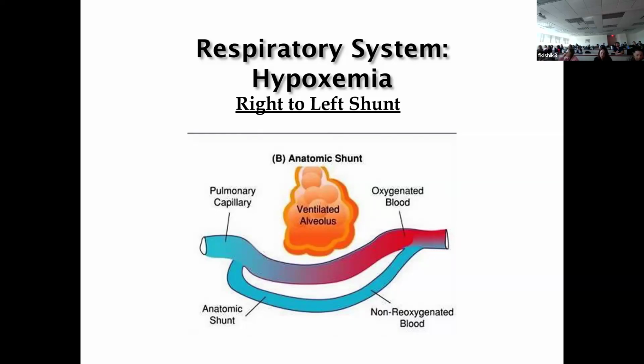And you'll have higher amounts of deoxygenated blood in your body. So you may be hypoxemic. But this vessel is bigger than this vessel, we agree? So the majority of the blood is getting oxygenated. So this is an example of being hypoxemic, but not hypoxic.